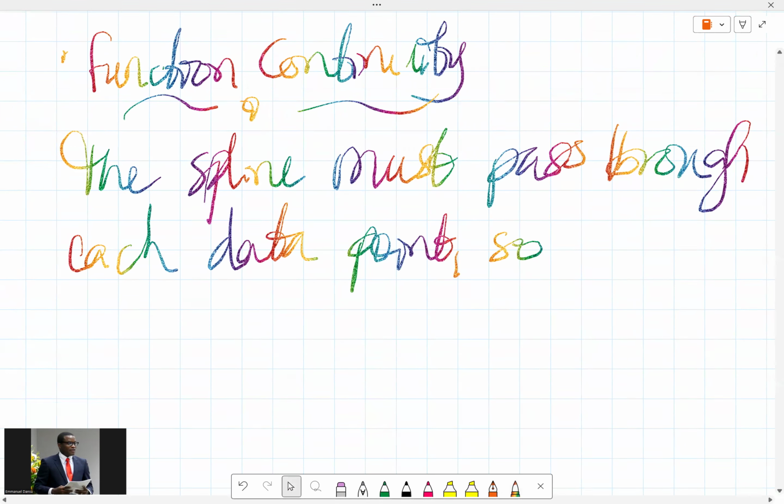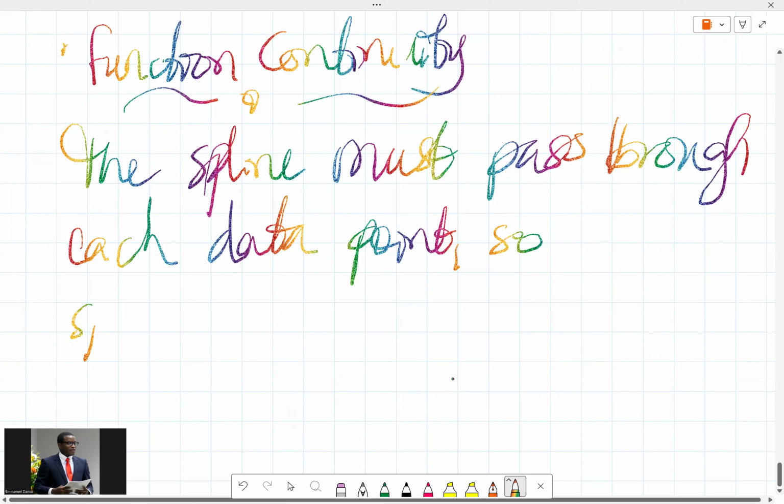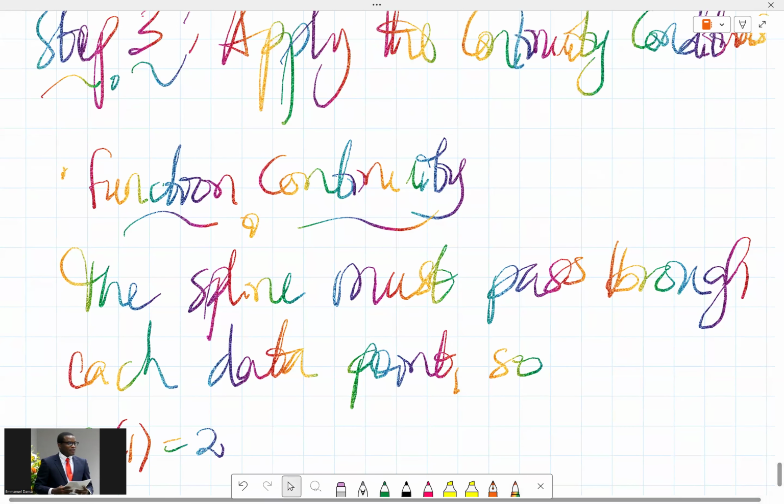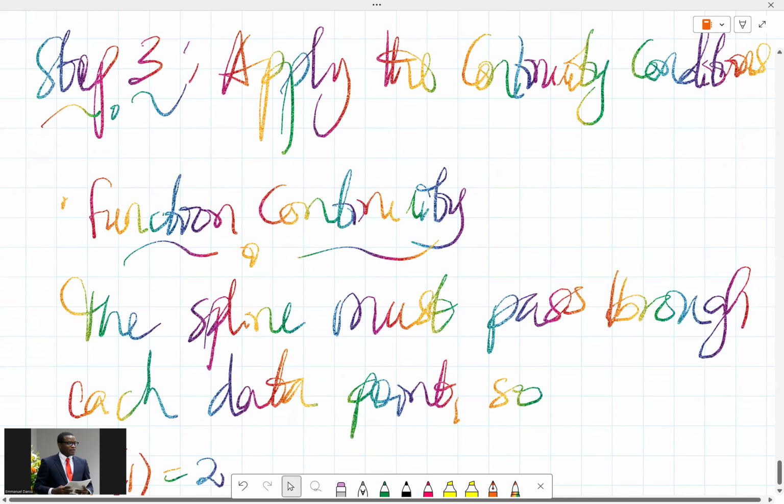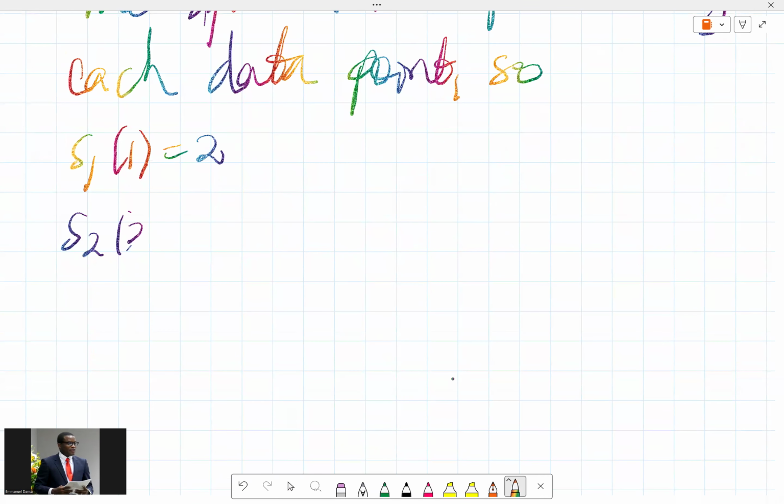So that means that S1 of 1 must be equal to 2, because of each data point. So S1 of 1 must be equal to 2, just like S2 of 2 must be equal to 3, and S3 of 3 must be equal to 5.